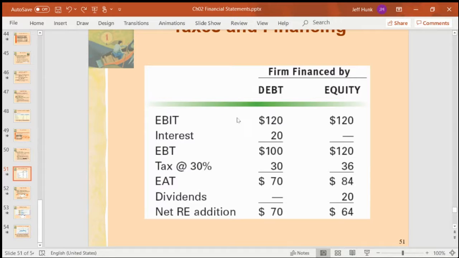I think this example shows the same company, but two different capital structures. In one, they use some debt, but in the next scenario, they don't use any debt. If they don't use any debt, then interest will be zero.